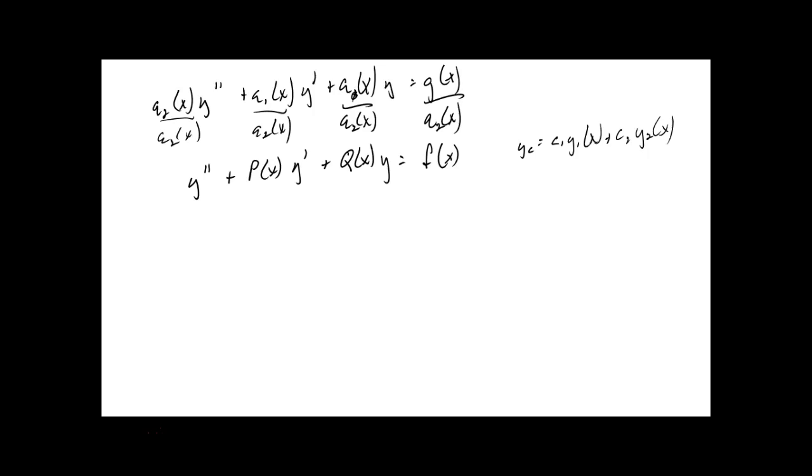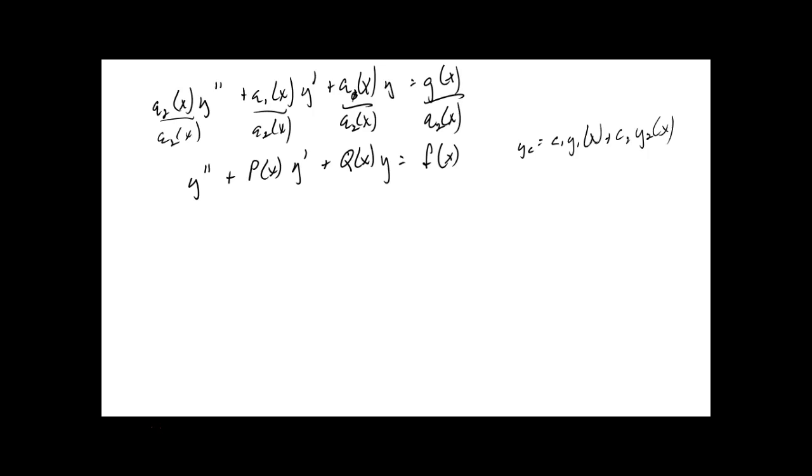We now ask, can the parameters C1 and C2 in this complementary solution be replaced with functions u1 and u2? So that's what they were doing before, making that kind of a substitution, okay? Or variable parameters, which comes from variation of parameters.